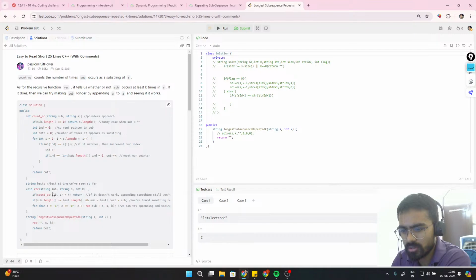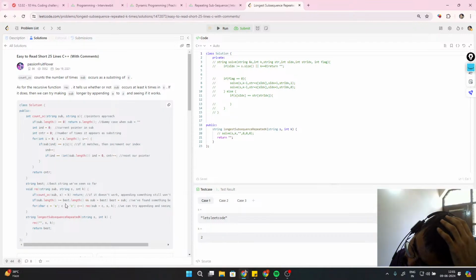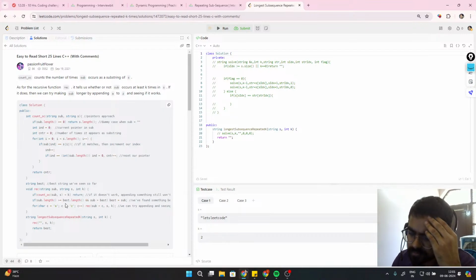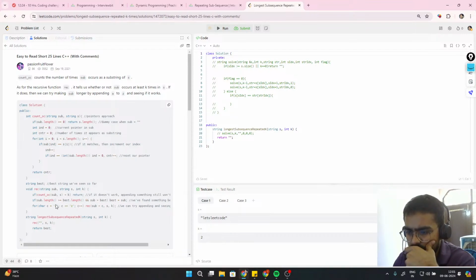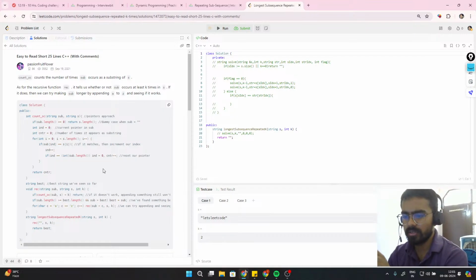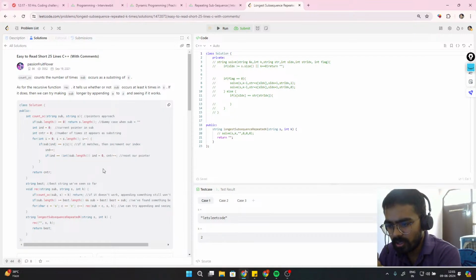If count of the substring in s is lesser than k, then return. If sub.length is greater than or equal to best.length, and sub is greater than best, then best equals sub, so we are updating best with sub.